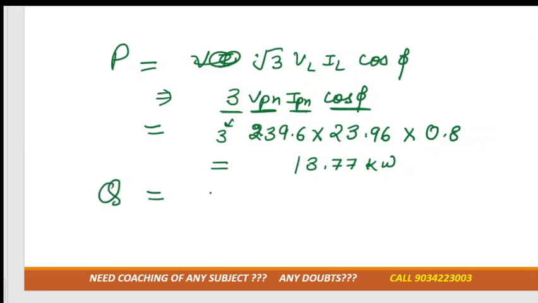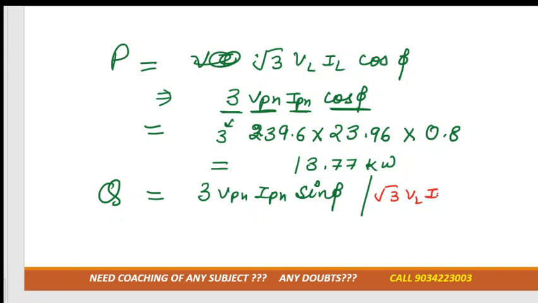Next they are asking for the reactive power, that is 3 VPH IPH sin phi. This is the formula for the reactive power, or we can consider it in terms of line, that is root 3 VL IL sin phi. 3 we know, VPH we know, IPH we know, sin phi also we know. We can calculate it.